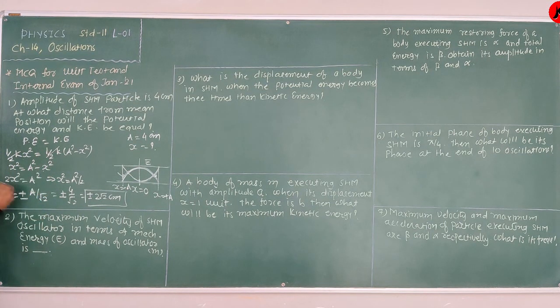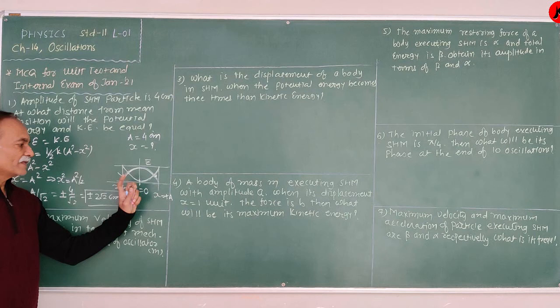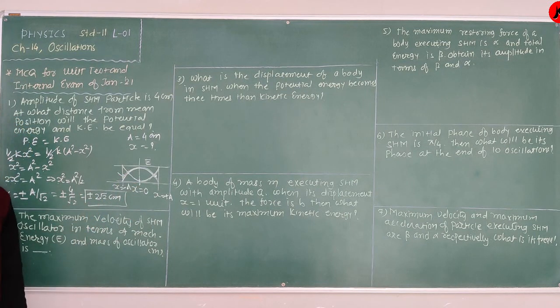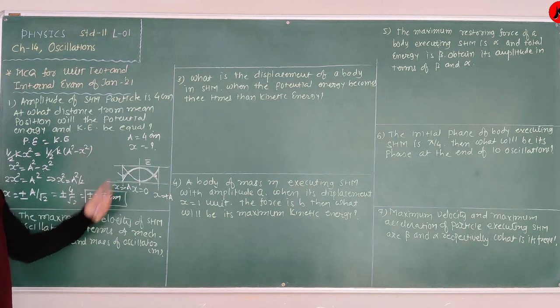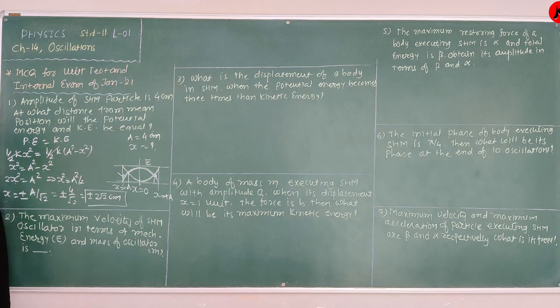Take this x square to this side, it becomes positive. Therefore 2x square is equal to A square. Therefore x square is equal to A square by 2. Taking the square root, x is equal to plus or minus A upon root 2. A is given as 4. Therefore on both sides, from the equilibrium position at 2 root 2 centimeter distance from the mean position, the kinetic energy and potential energy become equal. So, a very easy MCQ question.